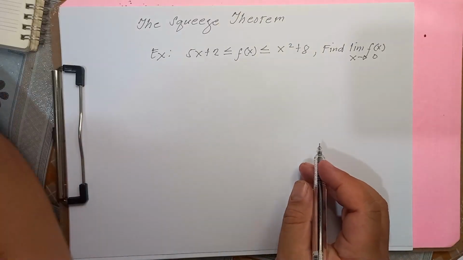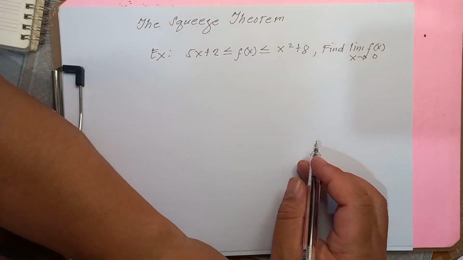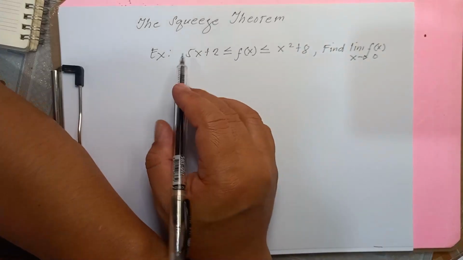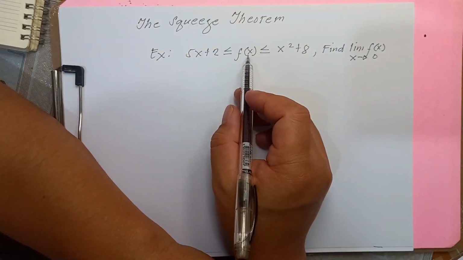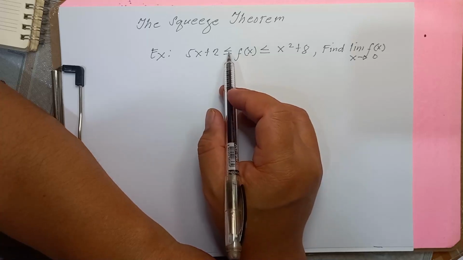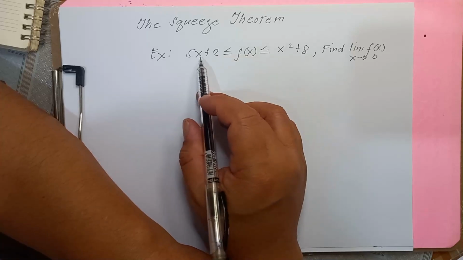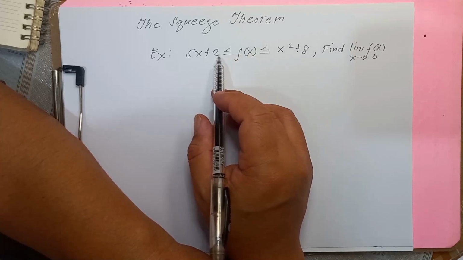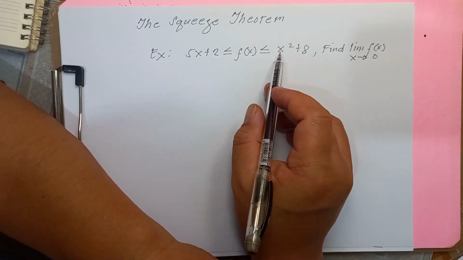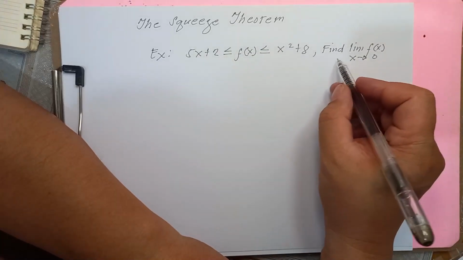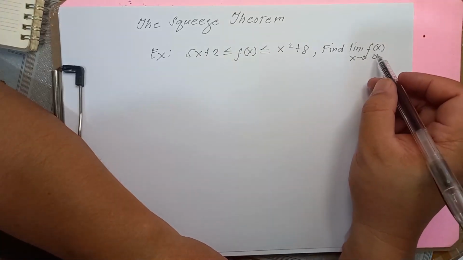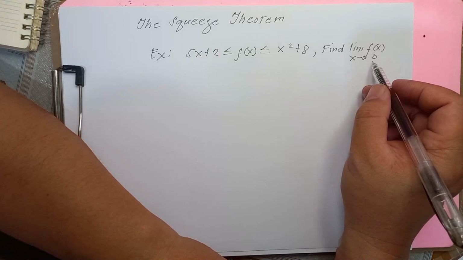We have here a problem regarding the squeeze theorem. It says f of x is greater than or equal to 5x plus 2 but less than or equal to x raised to 2 plus 8. Now it says, find the limit of f of x as x is approaching 0.